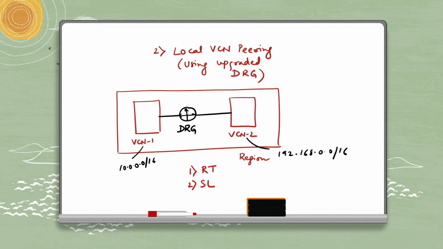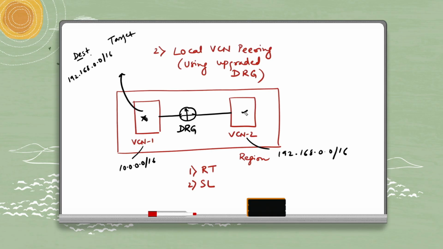And just to give you a sense of how the route table is going to look, let's say you want to configure a route table for one of the subnets in VCN1. For that, what is the destination and what is the target? If the destination is 192.168.0.0/16, that means VCN2 CIDR.